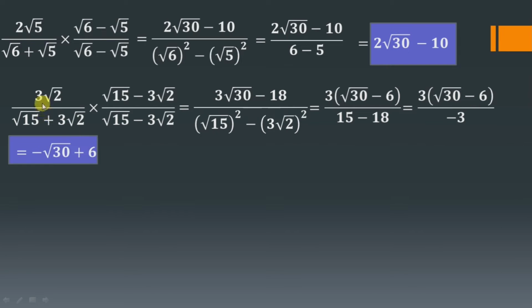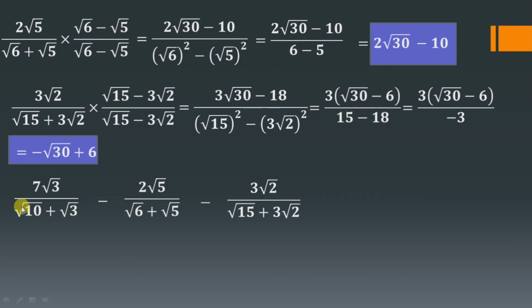So the value of 3 root 2 divided by root 15 plus 3 root 2 is equal to minus root 30 plus 6.